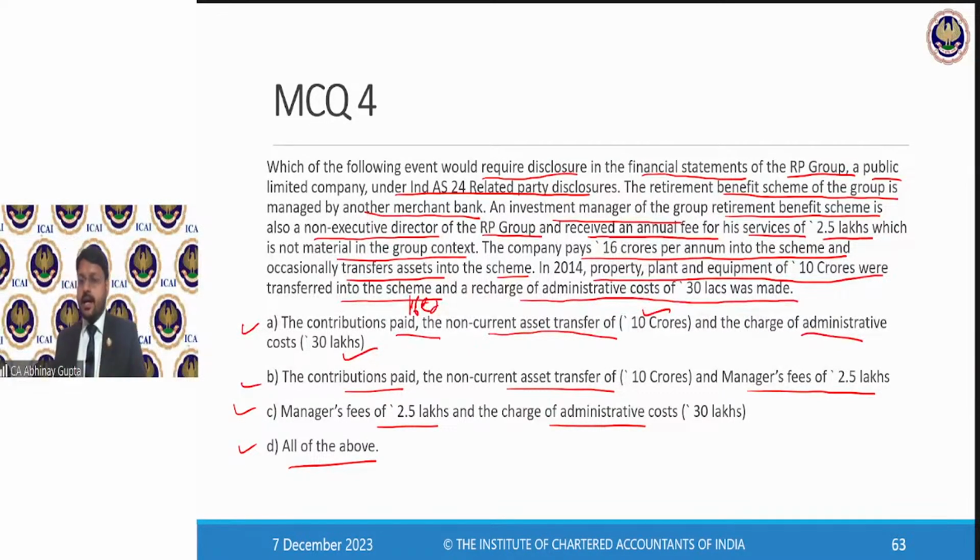Third, manager's fees and administrative cost only, or all of the above. A, B, C, or D, please. Nobody reached.